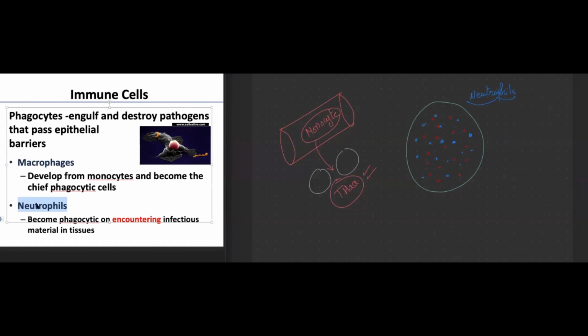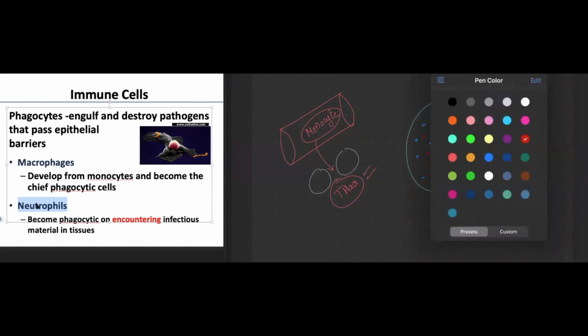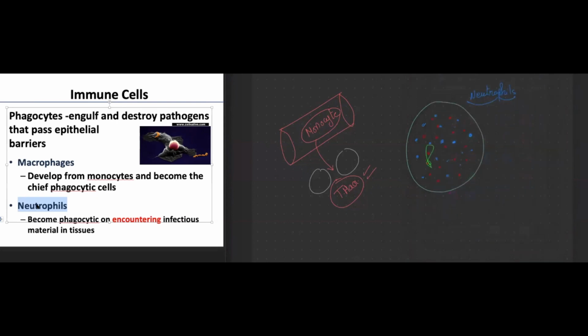If you remember, we've given multiple names to the neutrophils. Remember, the neutrophils did have an irregular shape of the nucleus, which was a segmented nucleus, but didn't have any regular pattern of arrangement. So it's going to look different from one cell to another.